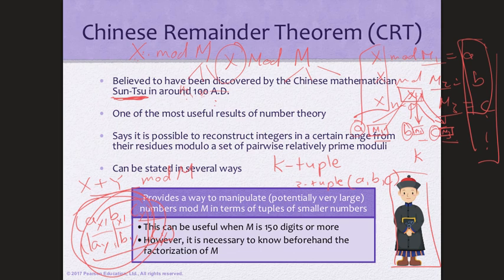The limitation on k, the size or the dimension of that representation, is going to be how many relatively prime components you can find for your modulus M. But my point is, if you have, let's say, a maximum of 5, and you know those 5 different relatively prime numbers, can you make any number out of them? Yeah, you can represent any number that's represented in modulus M into modulus M1, modulus M2, modulus M3, modulus M4.